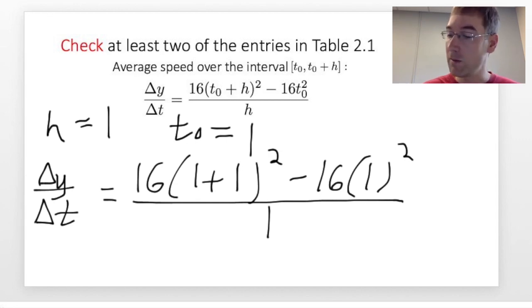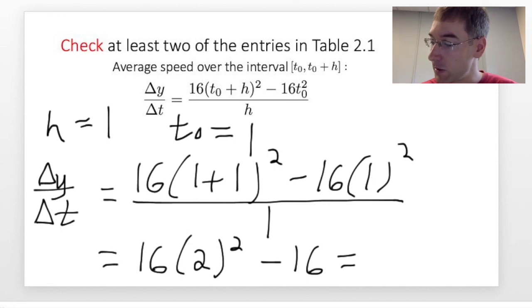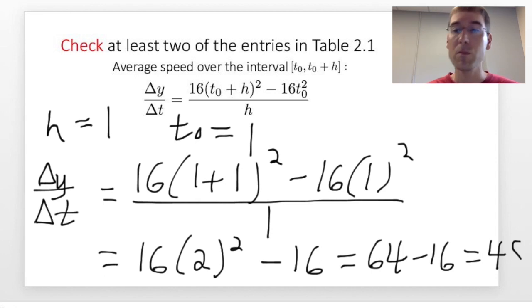Okay, so we have 16 times 2 squared minus 16, which is 64 minus 16, 48. And the units here would be the units of y, feet, divided by the units of t, seconds, 48 feet per second.